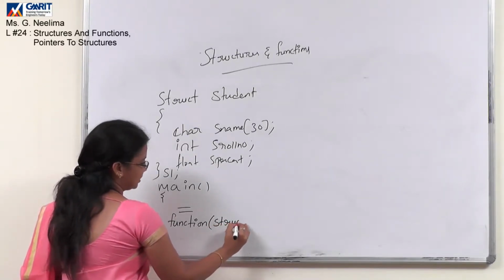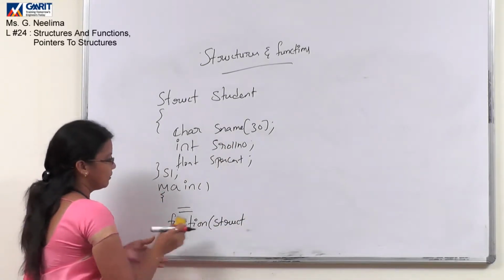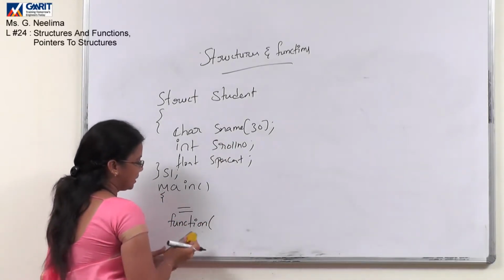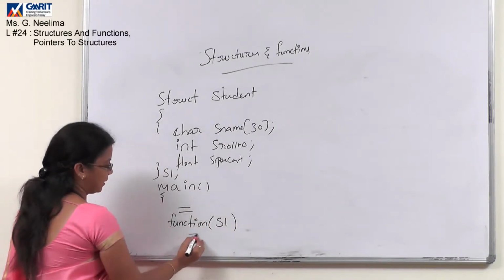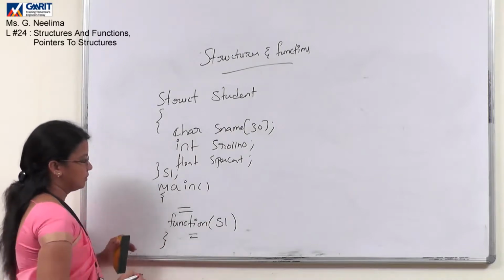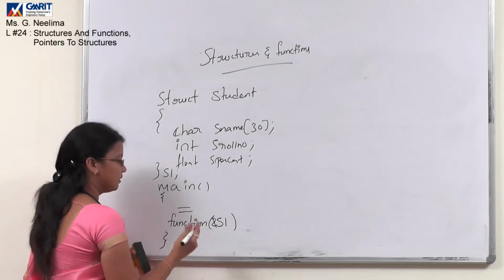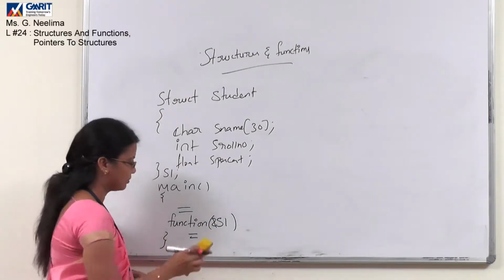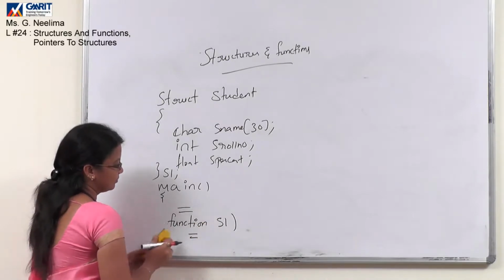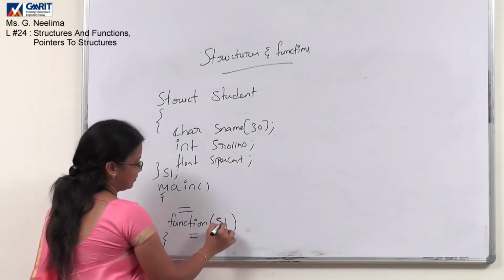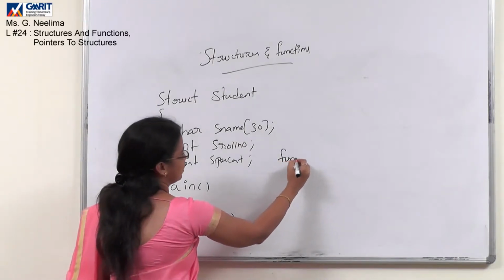You can pass struct student, or else directly we have assigned the variable, so we can pass the variable here, s1. Or else the address of s1. If it is pointers, we are passing the address of s1 here. And later on we have to perform the function operation here.